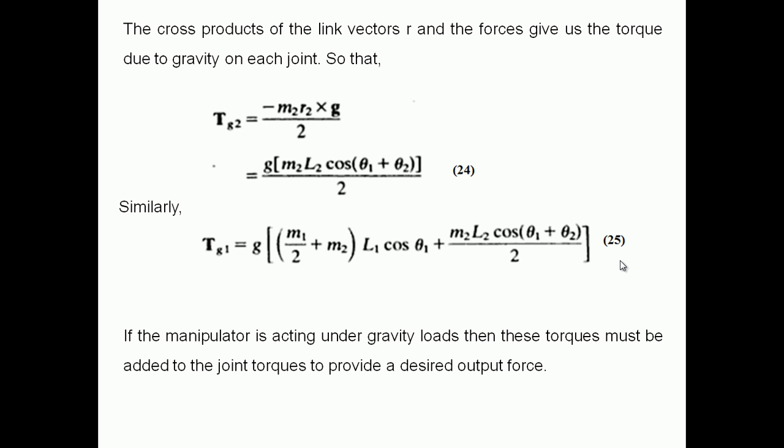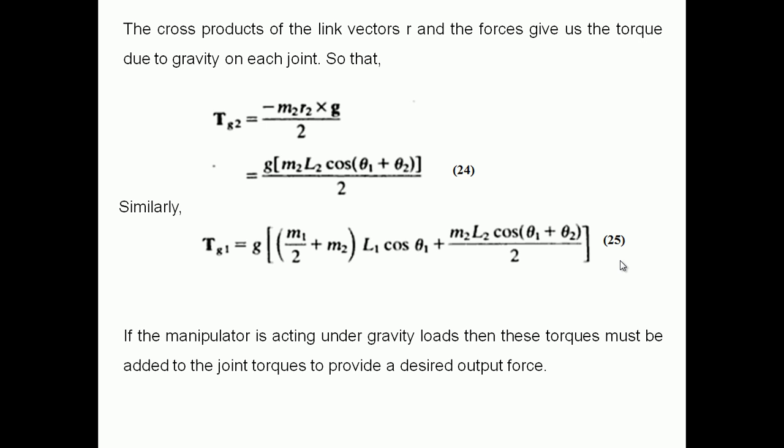If the manipulator is acting under gravity loads, then these torques must be added to the joint torques to provide a desired output force. Again I am saying, if the manipulator is acting under gravity loads, then these torques must be added to the joint torques to provide a desired output force.